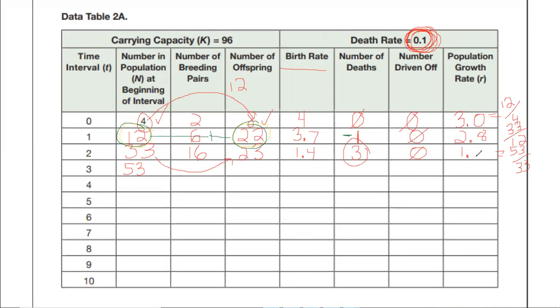So you can see where you're going to just keep filling out the numbers here. So for my next one, I would calculate breeding pairs. Now, as you start to get up to 96, once you get over 96, you're going to use this number driven off, because you're going to drive birds off the island.